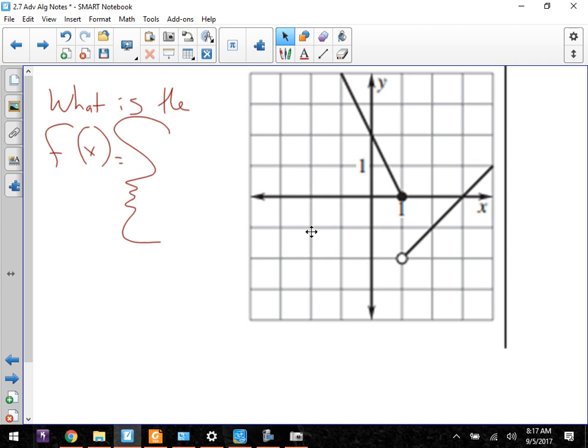This is the last step in doing these things, where you have to be able to figure out what the actual function is by looking at the graph. Now, a lot of times you'll be able to figure out slopes and intercepts without too much of a hassle. We don't try to give you anything too crazy, but I want you to write out the function and then also your domain restriction. Okay? All right? Give that a shot.